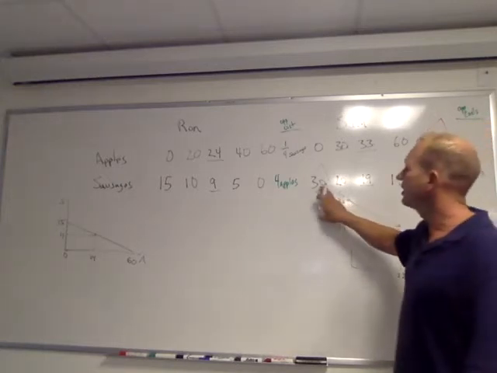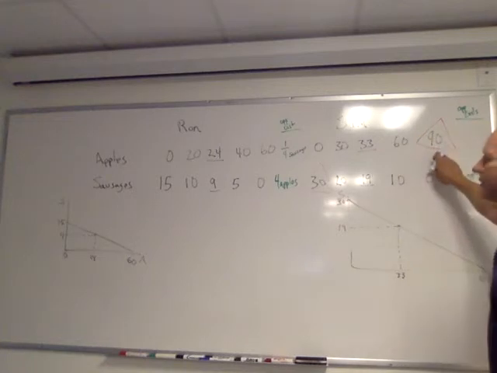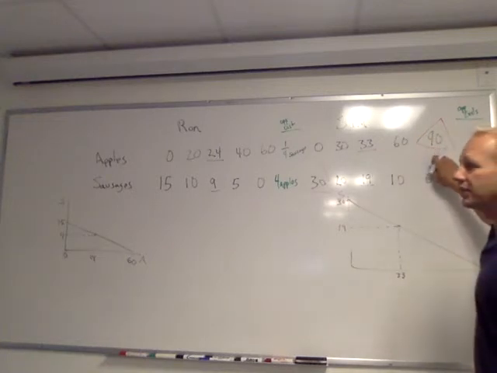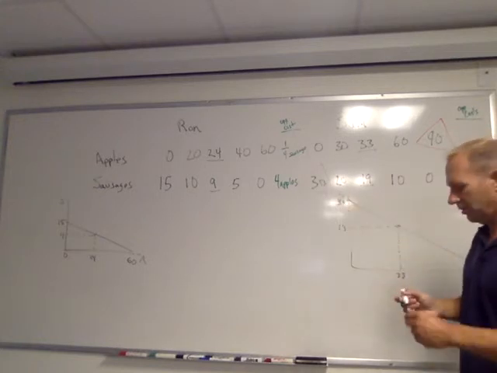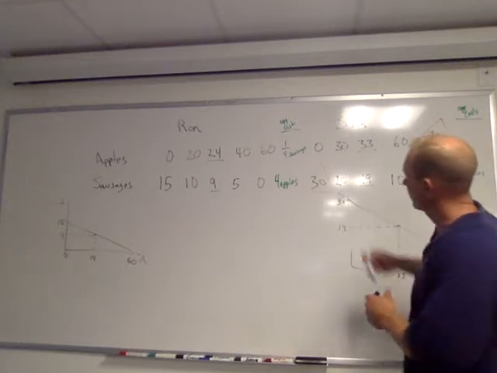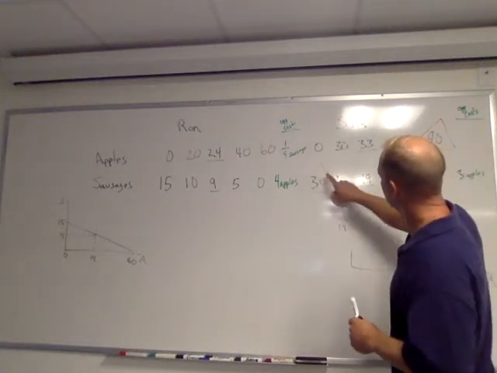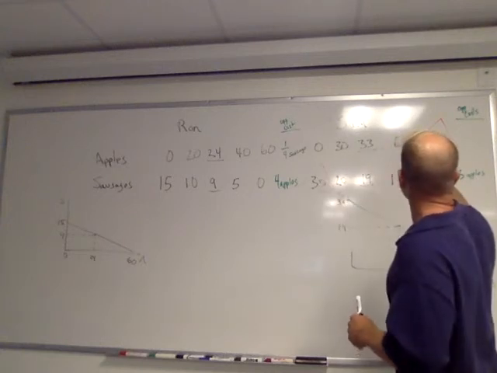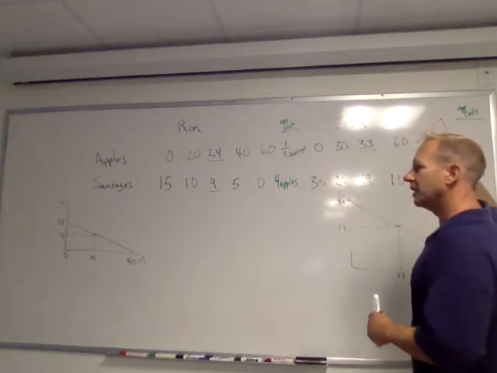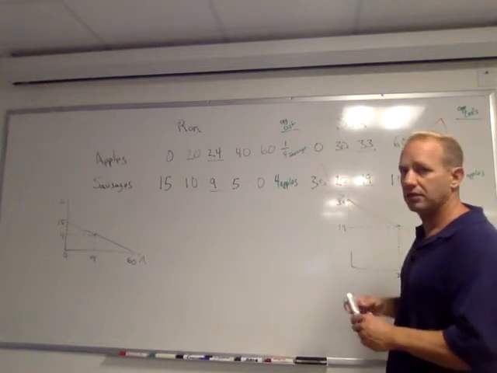If he gives up 30 sausages to get 90 apples, for each one that he got, did he give up a whole one of these? He gave up less than 1. Another way we could think about this is if I struck out the zeros for just a second. If you gave up 3 of something to get 9, for each one you got, you didn't give up a whole one.